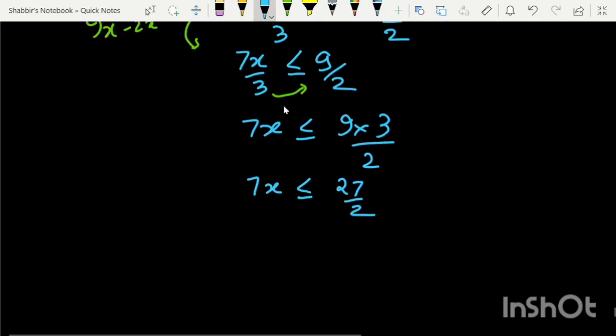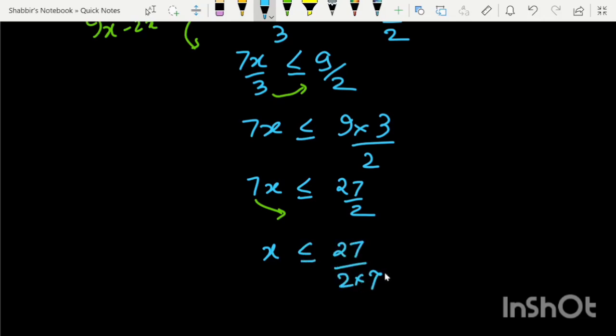Now 7 will go down. It will again cross multiply, so 7x becomes 7, 27 by 2 into 7, which is x less than equal to 27 by 14. Okay guys, this is answer 1 as I said.